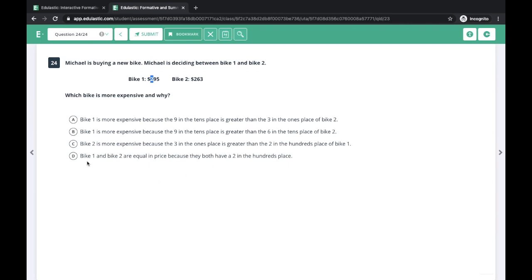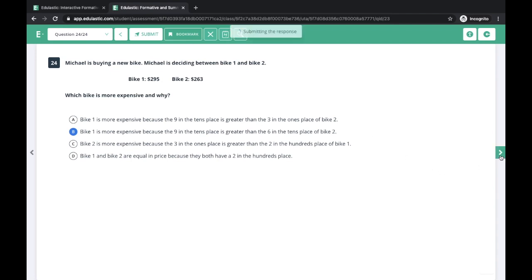And D says bike 1 and bike 2 are equal in price because they both have a 2 in the hundreds place. While they both have a 2 in the hundreds place, both bikes are not the same price. The whole number is not the same. So our best answer choice is going to be B. Bike 1 is more expensive because the 9 in our tens place is greater than the 6 in our tens place of bike 2.